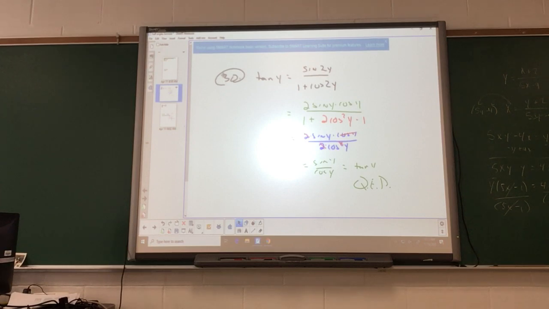Today we're going to work with half angles, double angles. Now we're going to deal with half angles. But we're going to use the double angle formulas for our half angles.